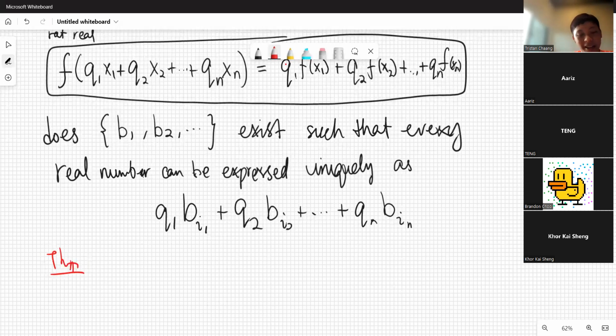In fact, if anyone has read Evan Chen's notes, Evan Chen, the famous ex-IMO guy from USA, he has a handout called Monsters, and it's quite good. Basically, it's talking about the general form of Cauchy equation. So the theorem is every vector space has a basis.